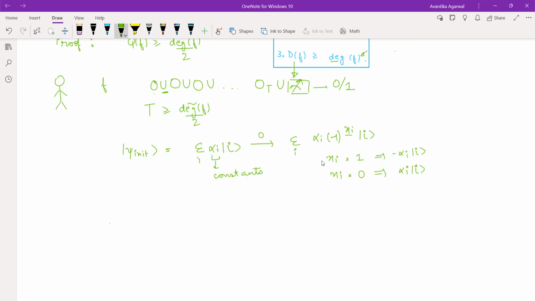So I can actually write this as the sum of alpha_i. Oh, I should have introduced this thing first. Okay.